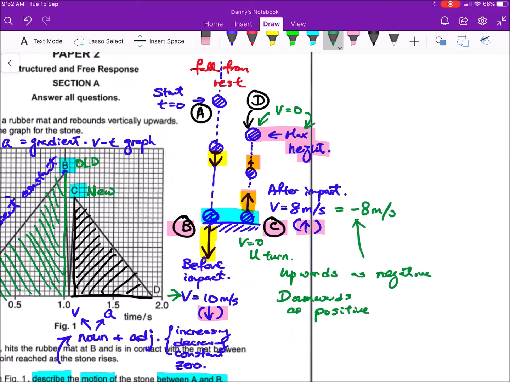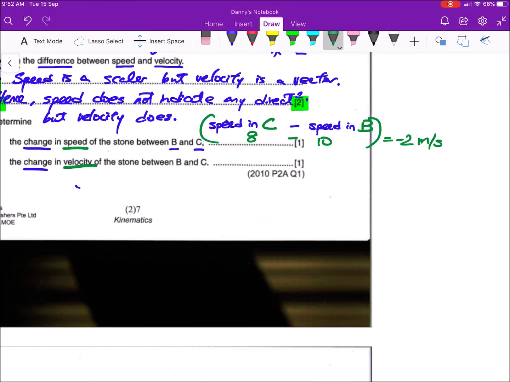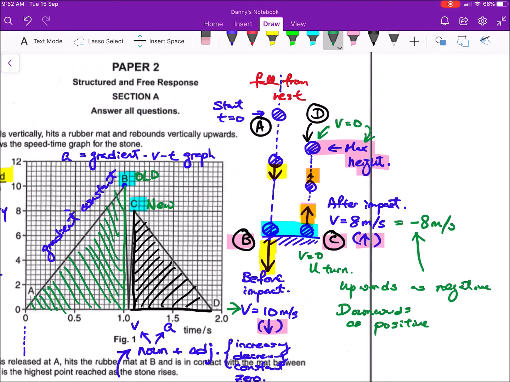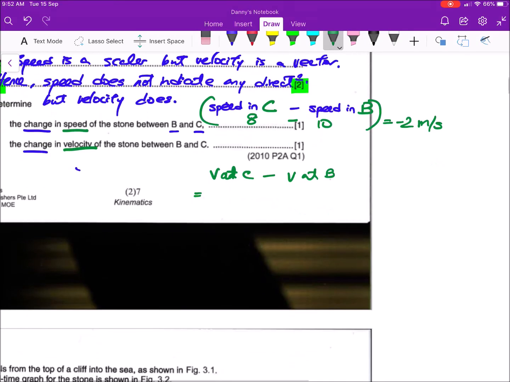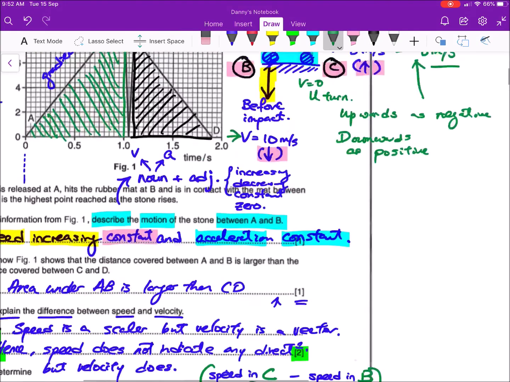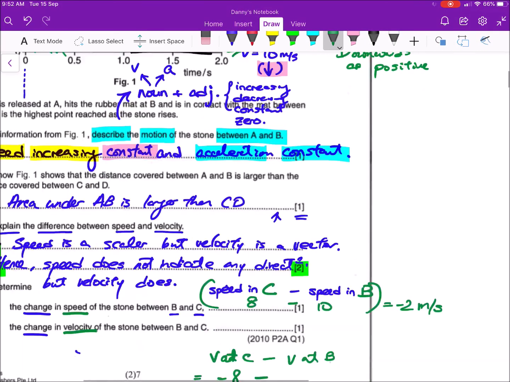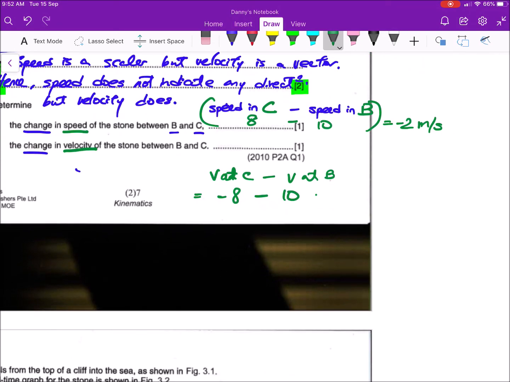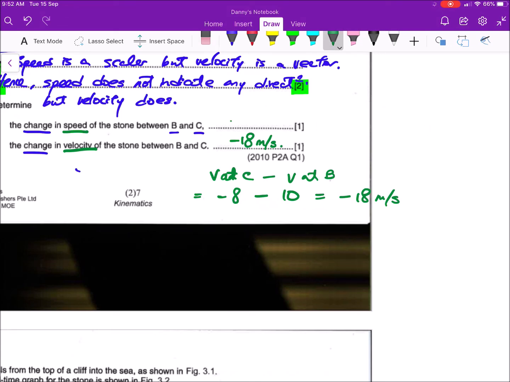So now you take V at C minus V at B. V at C equals minus 8, minus V at B, positive 10. So it will become minus 18.